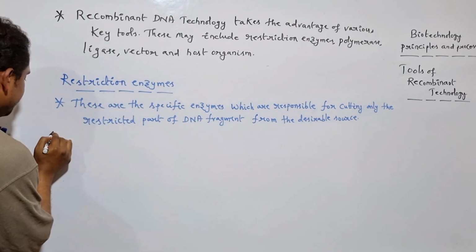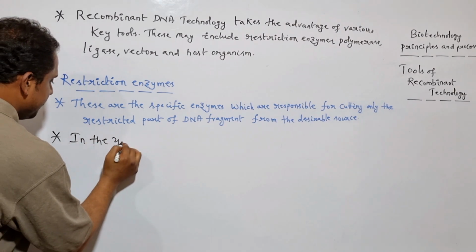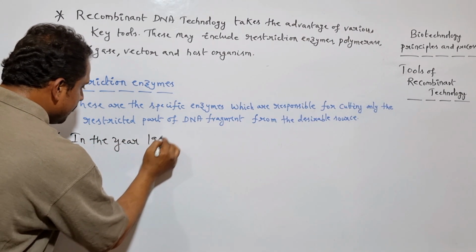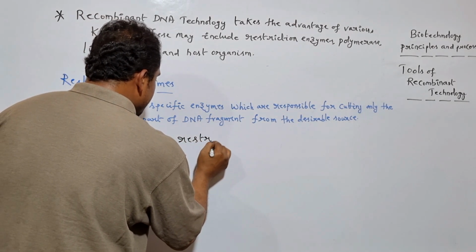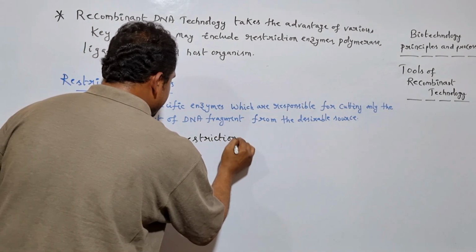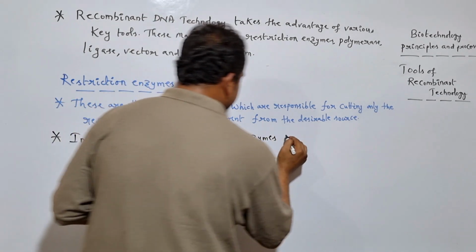So let me write it here. In the year 1963, restriction enzymes were identified.